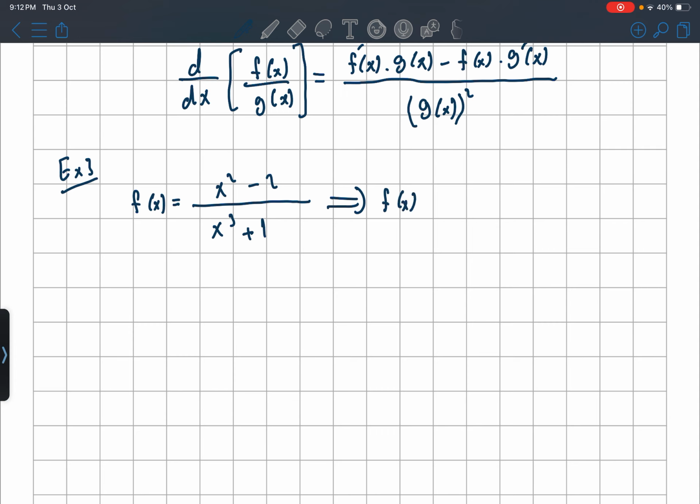Okay, f prime x will be 2x times x cubed plus 1 minus x squared minus 2 times 3x squared over the denominator. So the denominator is x cubed plus 1 squared.